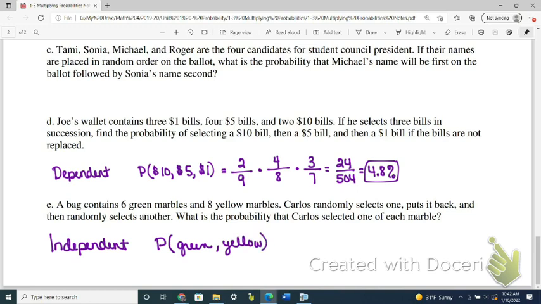There are 14 marbles in the bag. The probability of pulling a green is 6. The probability of pulling a yellow is 8. So I get 48 over 196, which is 24.5%.